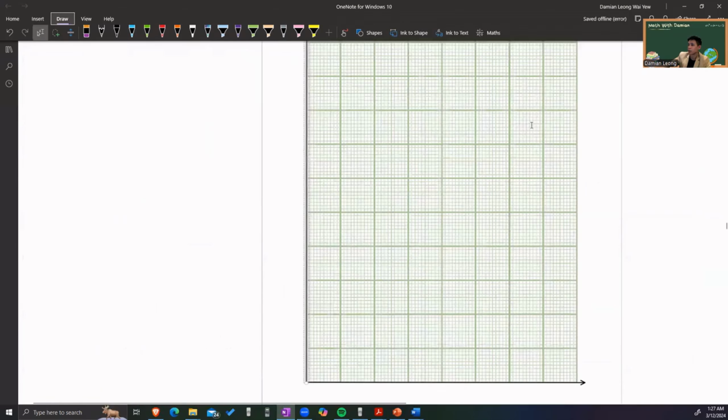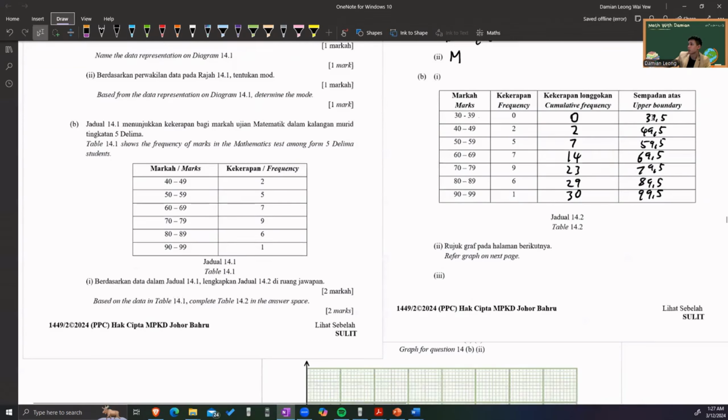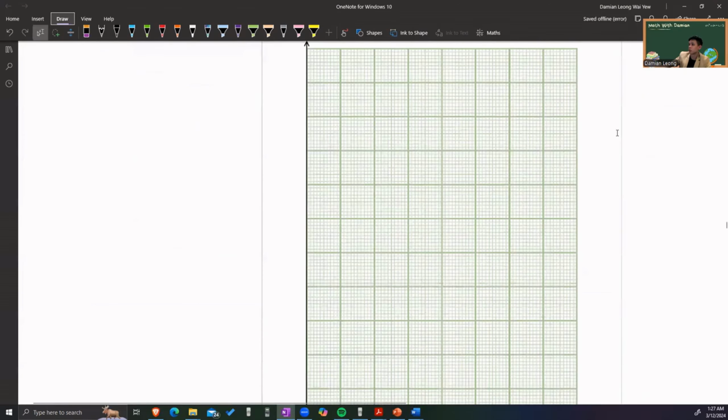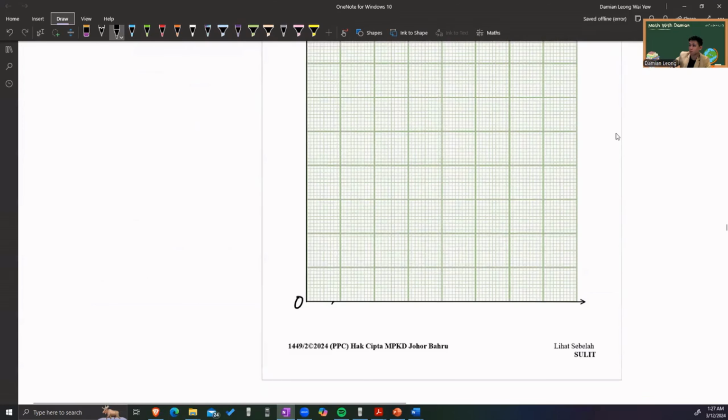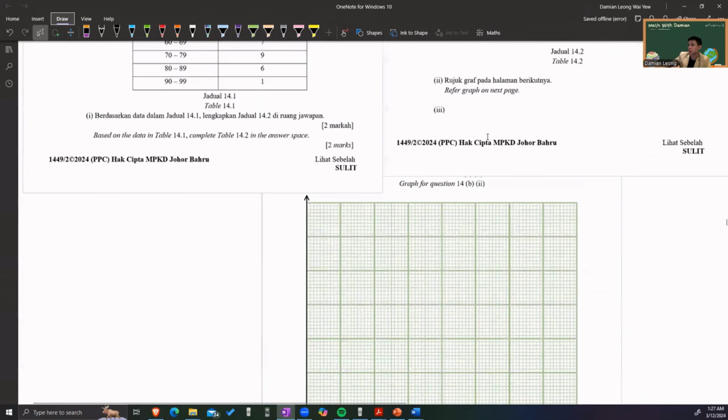For the horizontal axis, we follow the boundaries. We start with the first upper boundary, 39.5, then 49.5, 59.5, 69.5, 79.5, 89.5, up to 99.5. That is the marks.